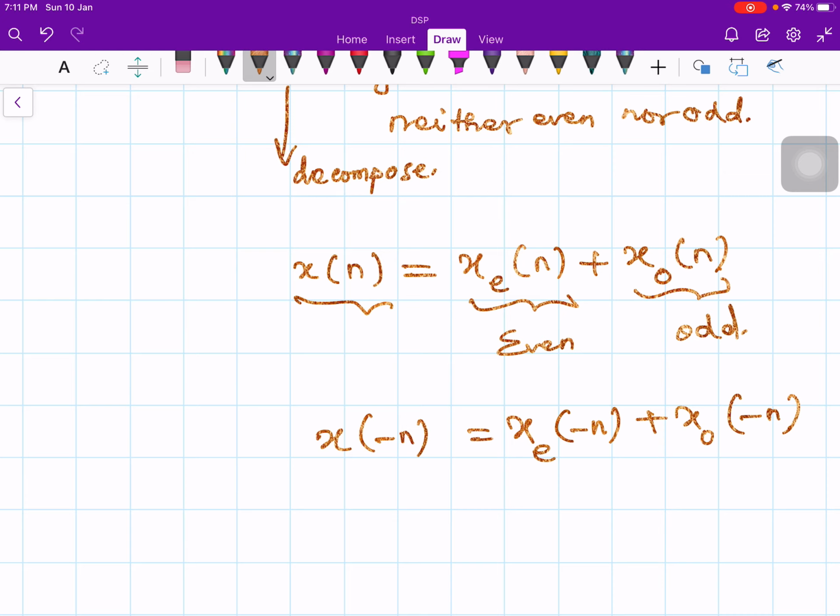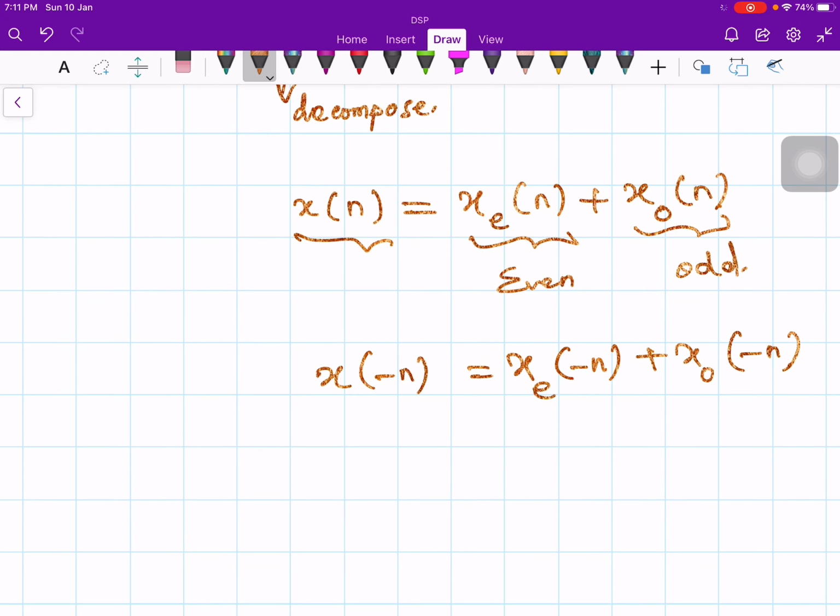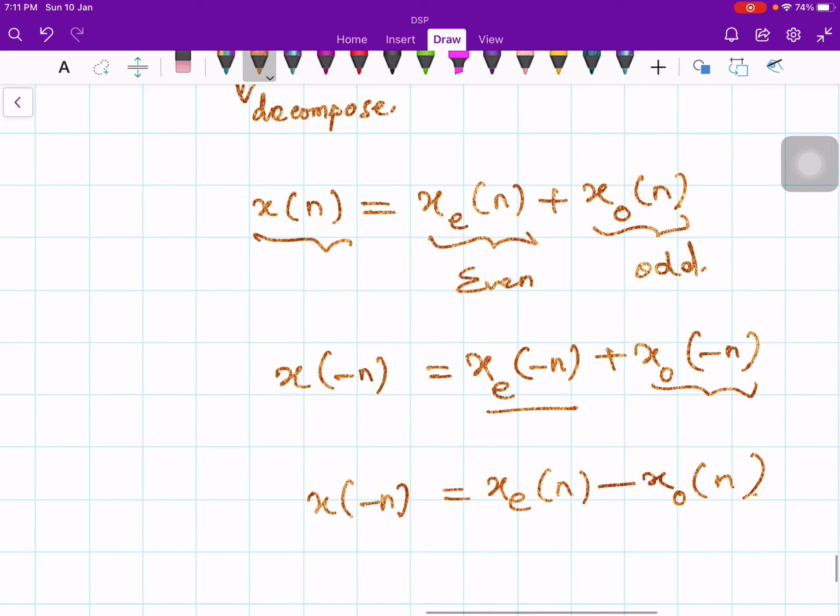Now we know the definition for even signal. x suffix e of minus n is the same as x suffix e of n, and this one is minus of x suffix o of n, and this side is x of minus n.